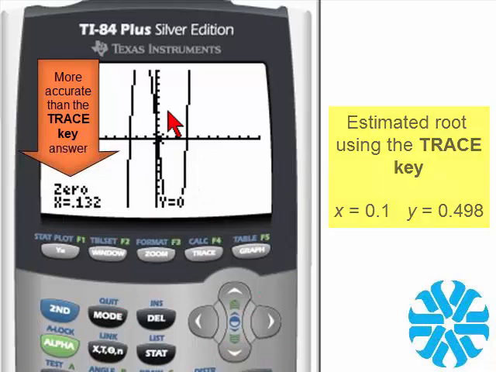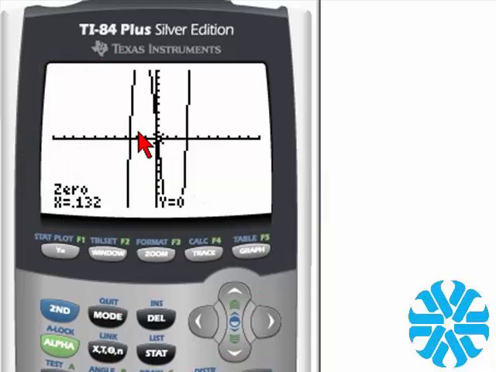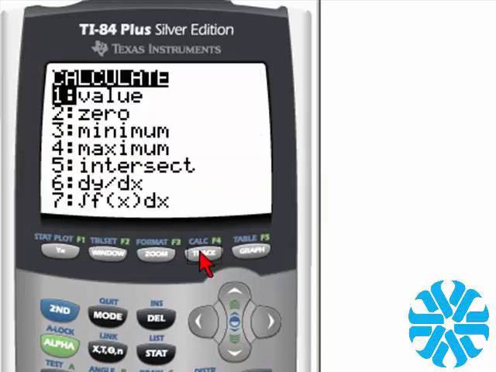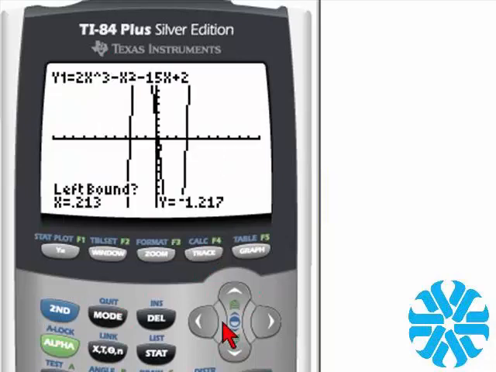Alright, now let's finally get our last root, or our last 0. So we go second function calc, and then number 2 for 0, and let's move the cursor over. So left bound, we're going to move to the left of the intersection point.